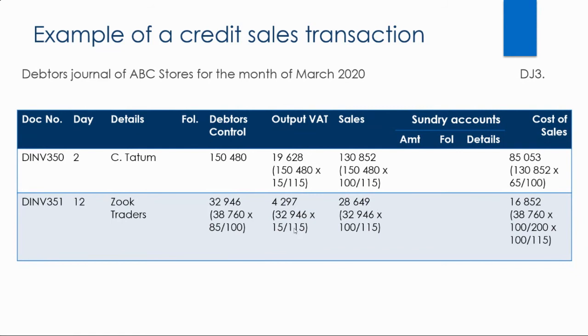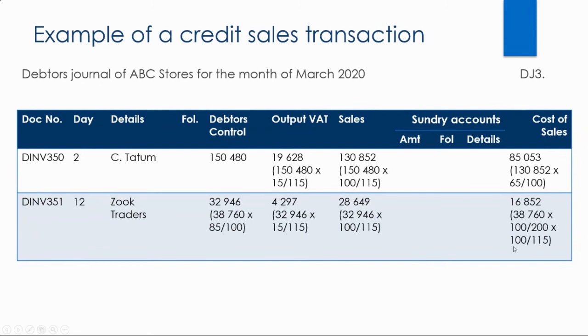But where you had to be very careful because of the fact that they said we do the markup before our trade discount. You'll see here the cost of sales column, we take the original amount before trade discount. Okay, then we do our markup. So we said we want to work out the cost, which is 100, but our sales percentage is 200. But now remember that 38,000 was including VAT. And we said this cost of sales column needs to be exclusive of VAT.